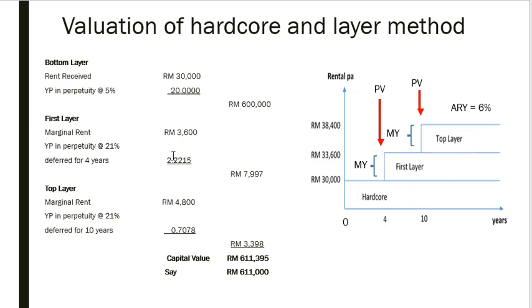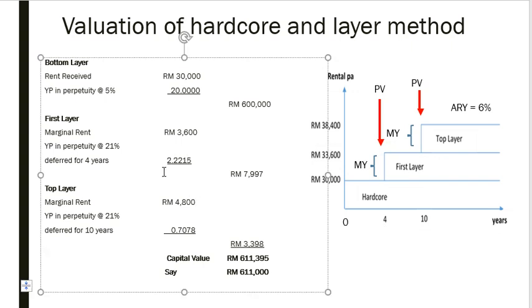Then you will get the answer 2.2215. How did you get this? By using the formula of YP reversion to perpetuity, that will be 1 divided by IA. Please do not use the wrong formula.